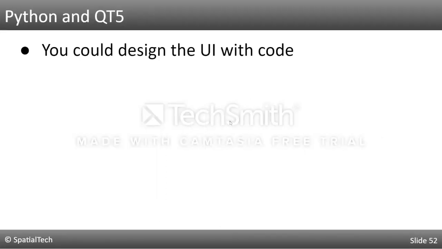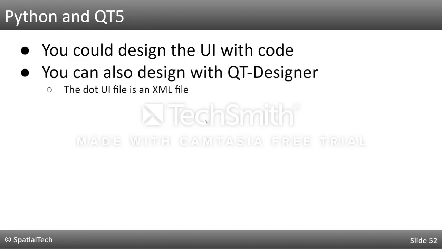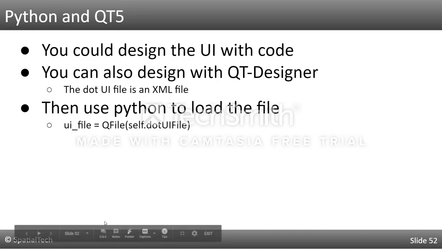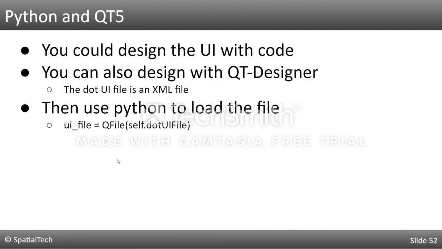In Python, right, you could design the UI with code. You can also design it with Qt Designer, the .ui files. Then use Python to load the file, right? So load some designer file. These are, again, XML files, and they can get loaded in, much like we saw with the Java XML. Even Android has a thing where it inflates the XML.